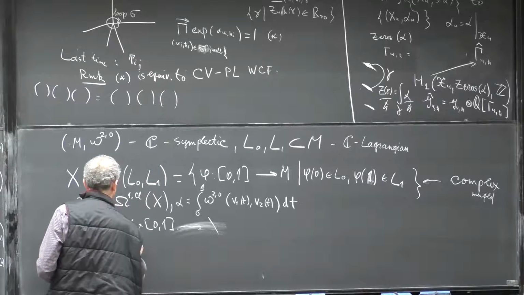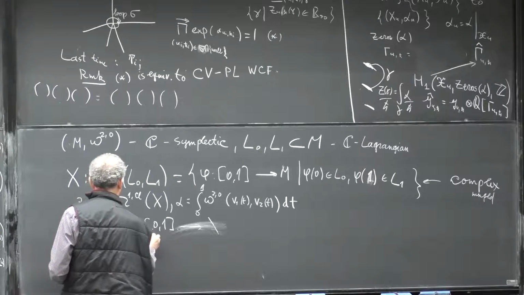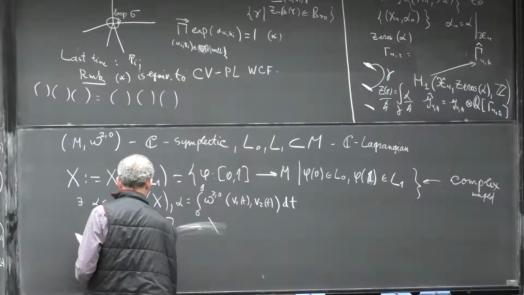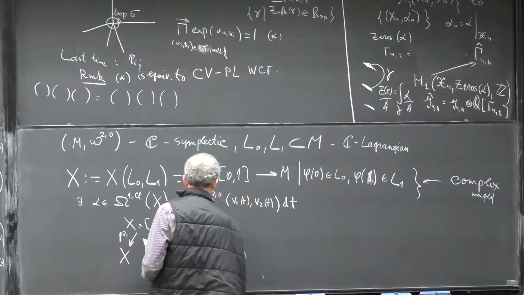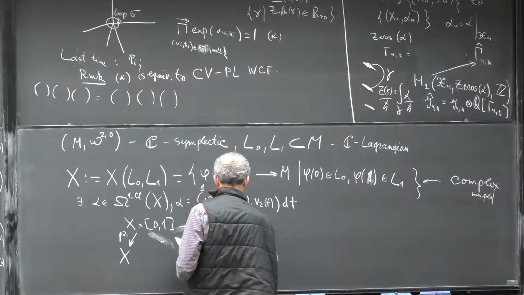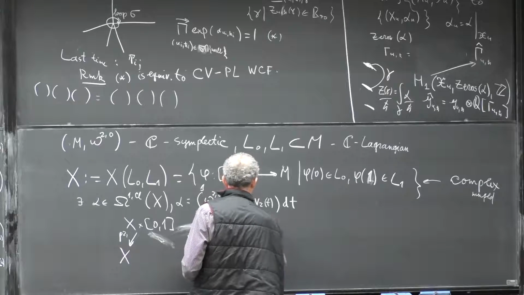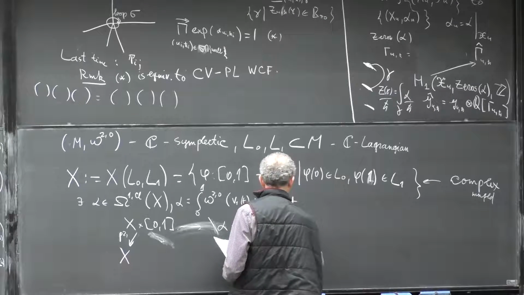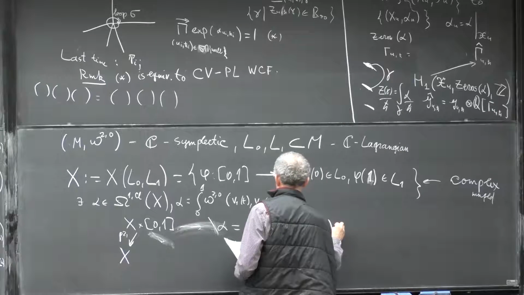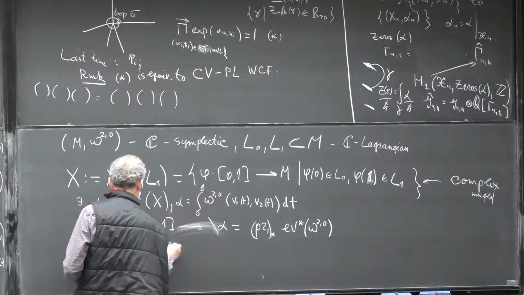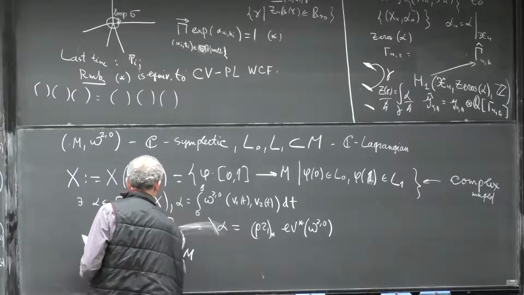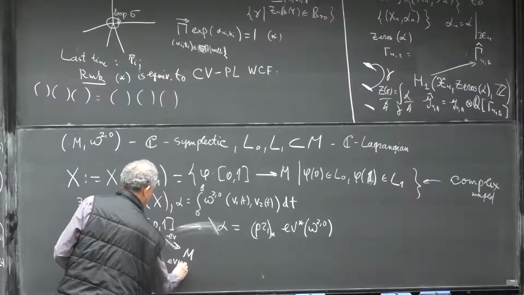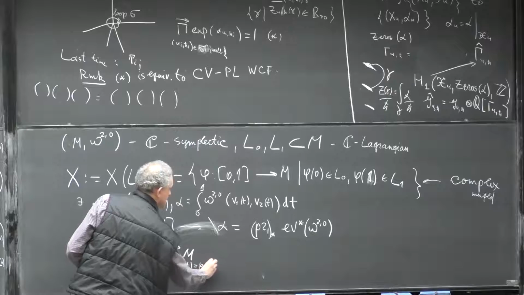you have two projections to X, and okay. Then we define alpha as an integral, and now there is an evaluation map, just the value of phi of t.